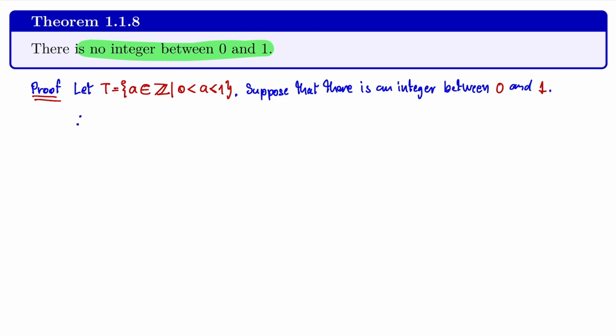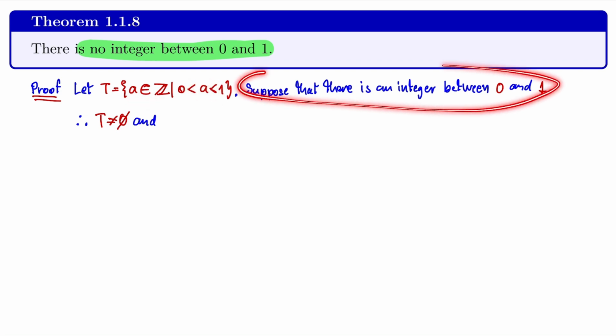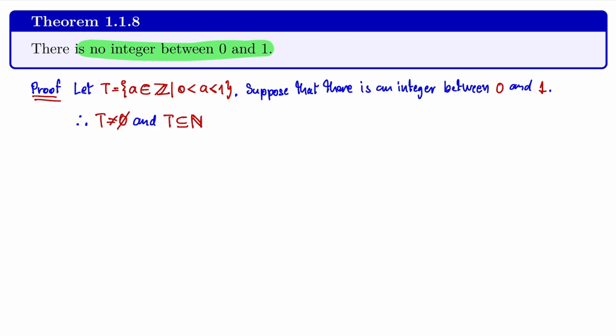This means that T is not an empty set, so you must be able to find an integer in this set T. Since we have an integer that is greater than 0 and less than 1, T must be a subset of the set of natural numbers, because you have an integer that is greater than 0. So T must be a subset of the set of positive integers.